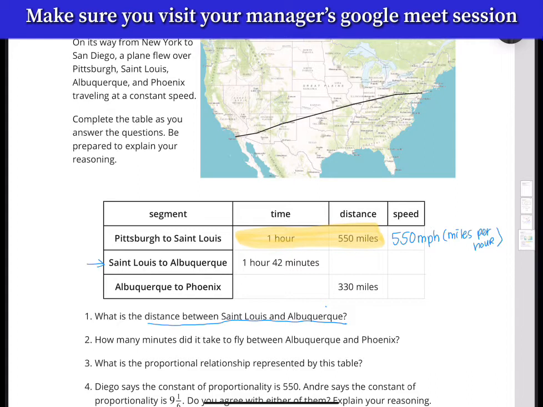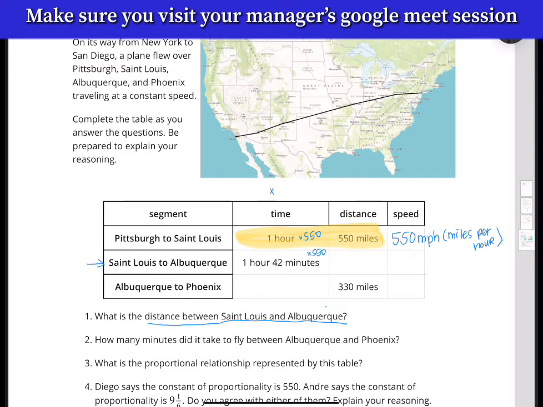In reference to the other tables we completed in the lesson, what number was multiplied times 1 to get to 550? If you guessed 550, you are absolutely correct. So I want to multiply by 550 in this column.